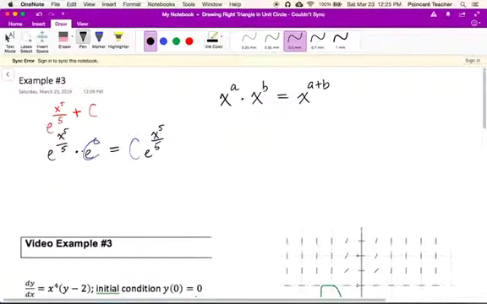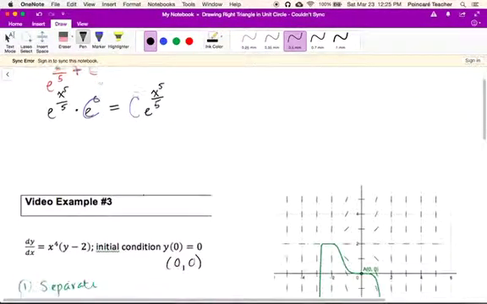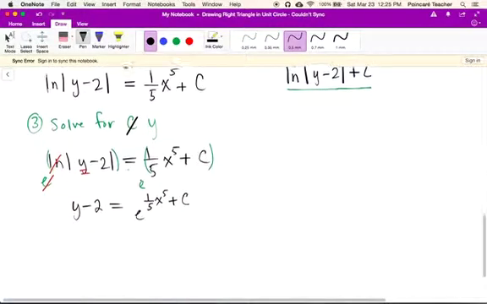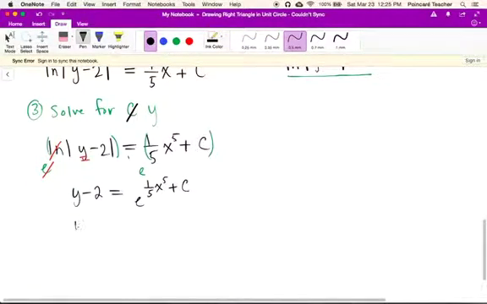So there's a little algebraic complexity here, so you should take a minute, pause the video, and make sure you understand this process, because I'm not going to go through it again. I'll just make the video longer. So I'm just going to take the result from our work there, and I'm going to replace it here. So we have y minus 2 equal to c e to the 1/5 x to the 5th.